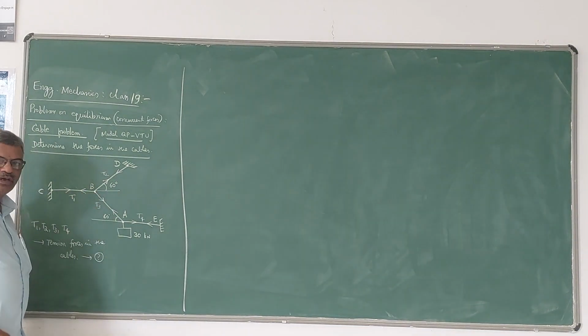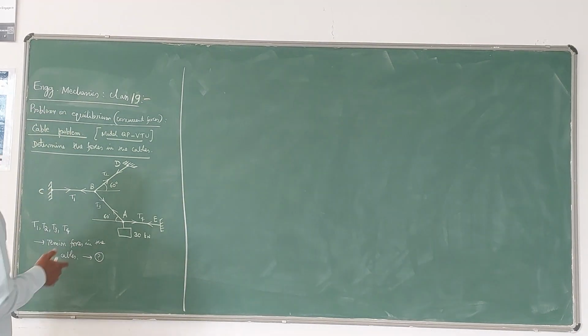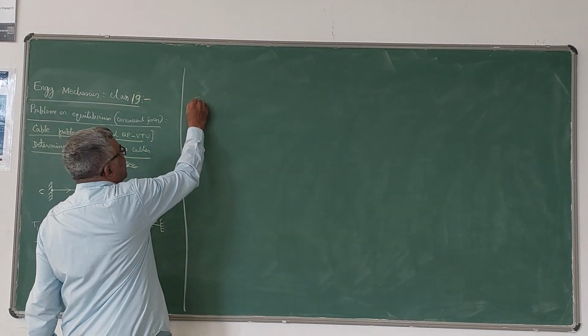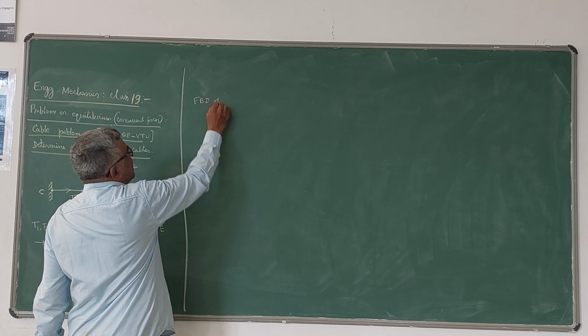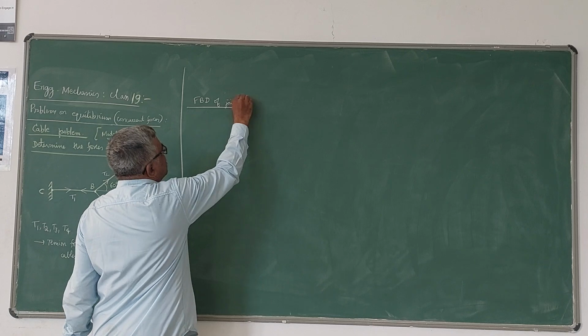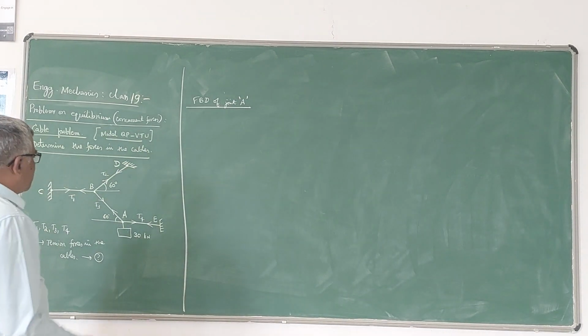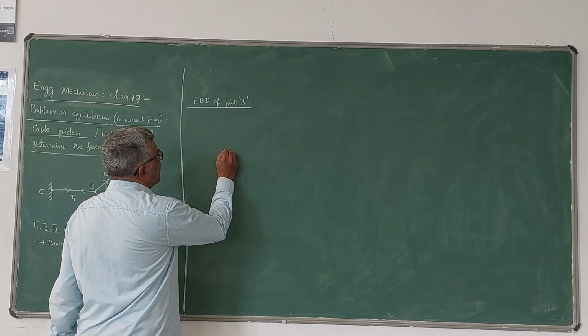We cannot solve using 2 equations of equilibrium. Therefore first we will consider joint A. So I will consider the FBD of joint A first, because only 2 cables are meeting at joint A and only 2 unknowns are present.